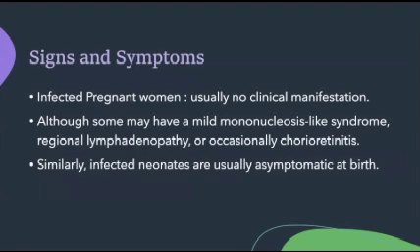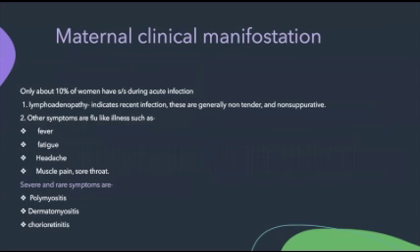So, signs and symptoms. Infected pregnant women usually have no clinical manifestation. Some may have a mild mononucleosis-like syndrome, regional lymphadenopathy, or occasionally chorioretinitis. Similarly, infected neonates are usually asymptomatic at birth. About 10% of women have signs and symptoms during acute infection.